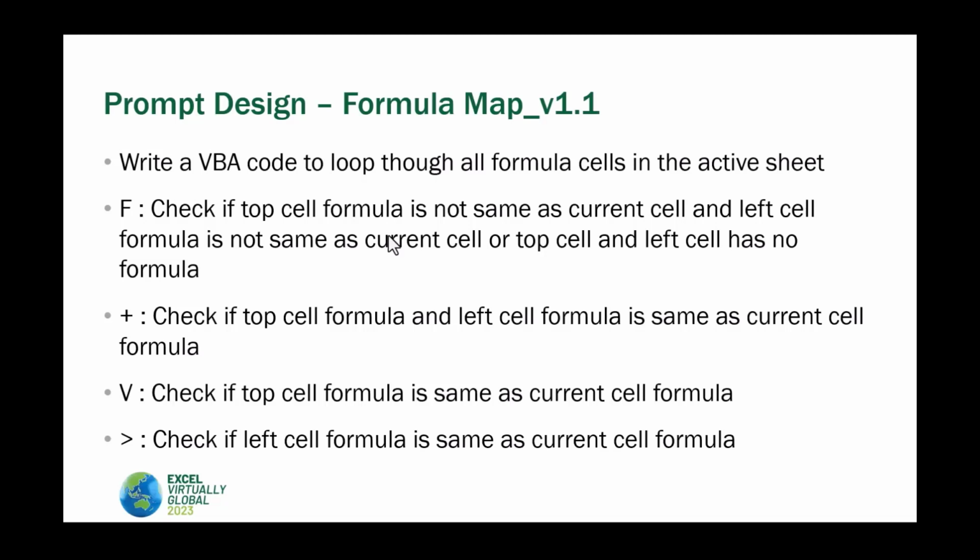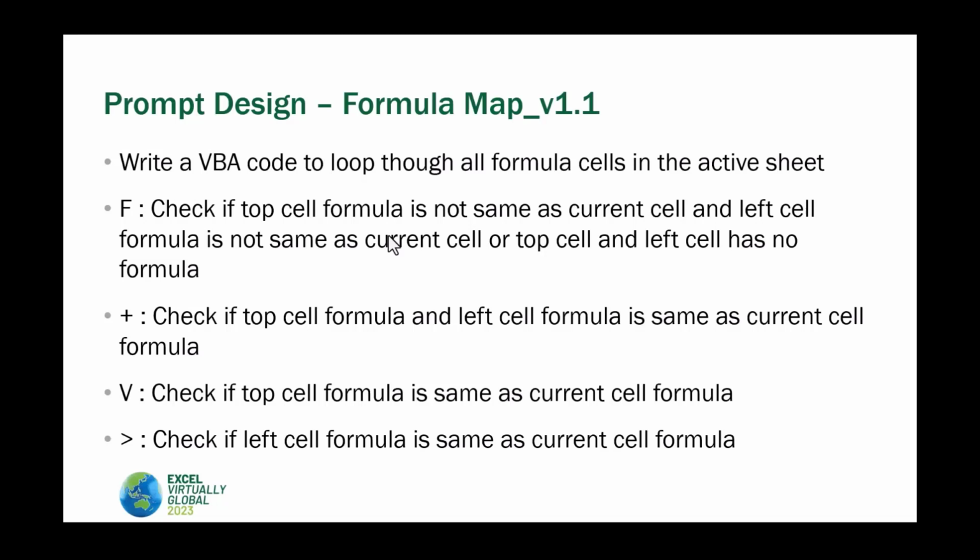So we want VBA code to look through all the formula cells in the active sheet. Yeah, we don't want it to look through every used range. It's quite time consuming if it does that. And first, for the F, we want it to check the top cell formula is not the same as the current cell, and the left cell formula is not the same as the current cell.